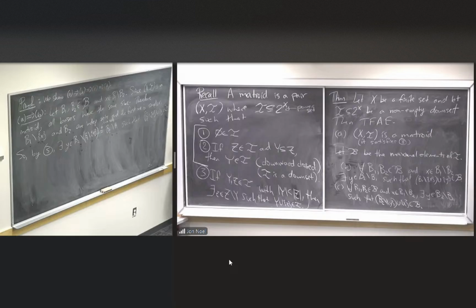But can you see why it has to be in B? So what if it was in I, which means it's independent but not maximal? Why would I get a contradiction? Yeah? Something like it was maximal, you took something away, and you added something that wasn't in it, and so now it's the same size as it was.